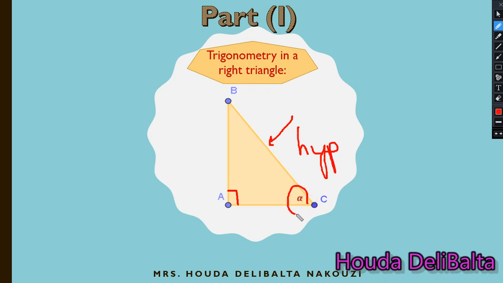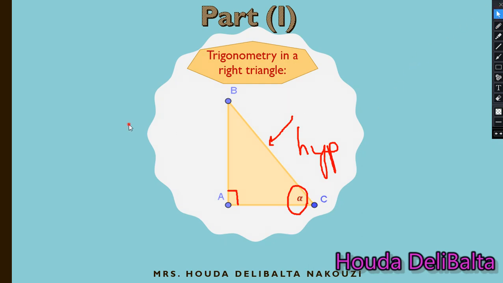Now we are going to talk about the sine, the cosine, the tangent, and the cotangent of this acute angle alpha. Sine, cosine, tangent and cotangent are called the trigonometric relations or the trigonometric functions of this angle alpha.